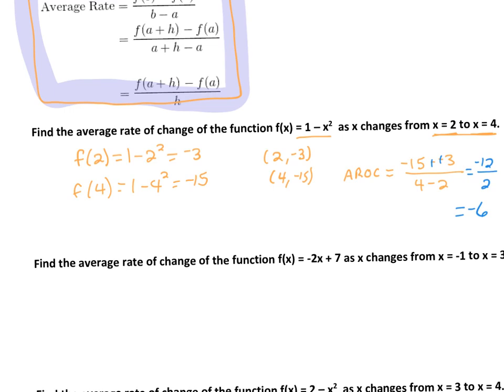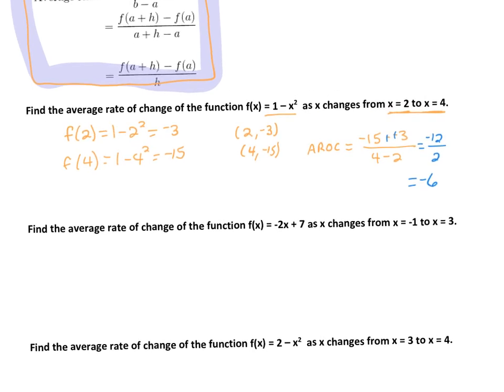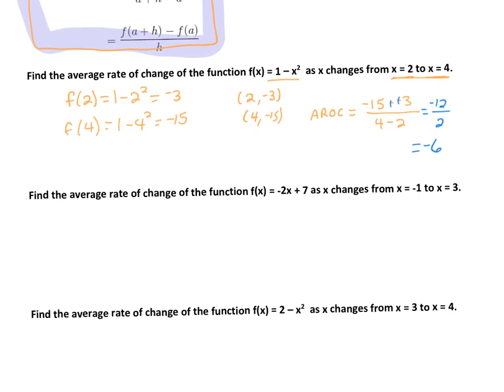Let's look at another example. Average rate of change for this particular function. If we plug in and find f of negative 1, then we're doing negative 2 times negative 1 plus 7, so we get 9. Then if we plug in 3, we're getting negative 2 times 3 plus 7, we get 1. So think about what your points are.